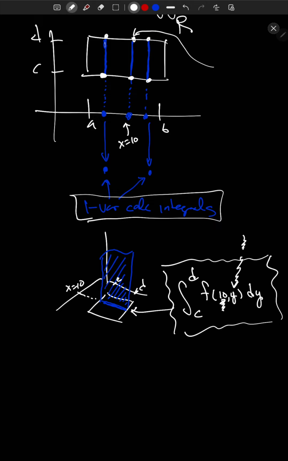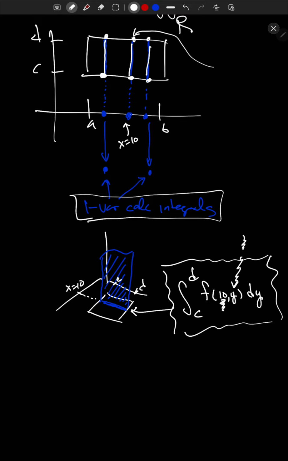So we're getting a lot of these one variable calculus integrals: the integral from c to d of f at 10 comma y dy, from c to d of f of 10.0001 comma y dy, from c to d of f of 10.0002 comma y dy. Each of those three corresponds to one of these strips.